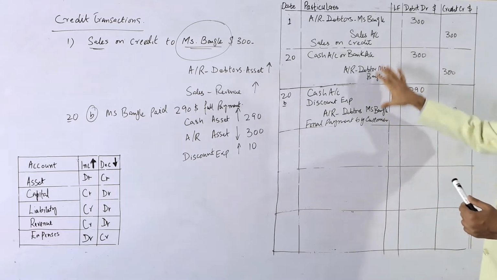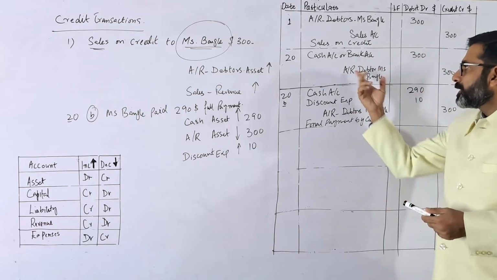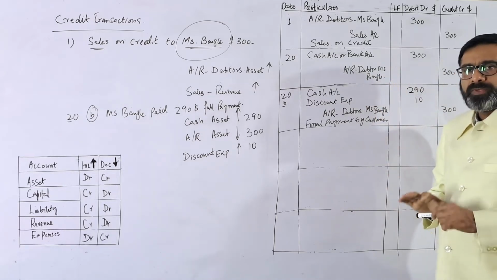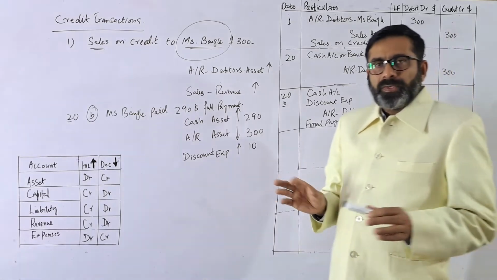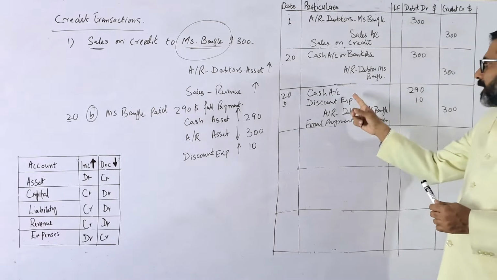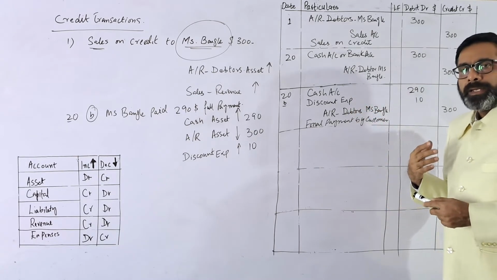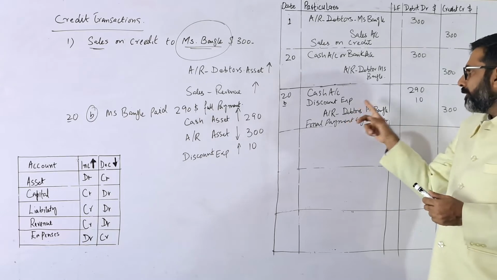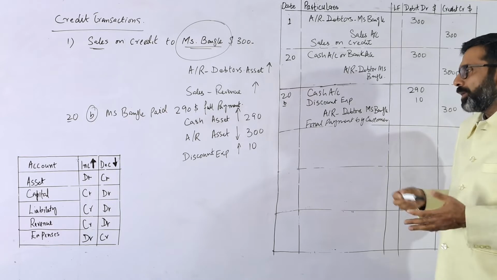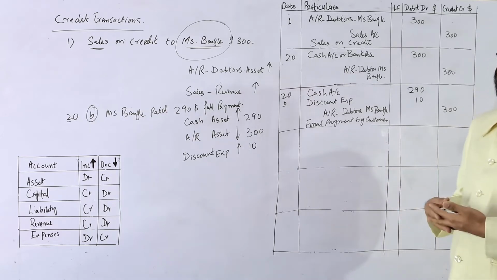So now if you look at these two options, or two different possibilities: first of all, the person has paid the 100% amount without any discount, without any partial payment. So in that case, cash is debit. Here, instead of 100% payment, the person has given you only $290 because you have given him, as a customer, a $10 discount due to early payment, or due to any transaction effect, or any other settlement with the customer.